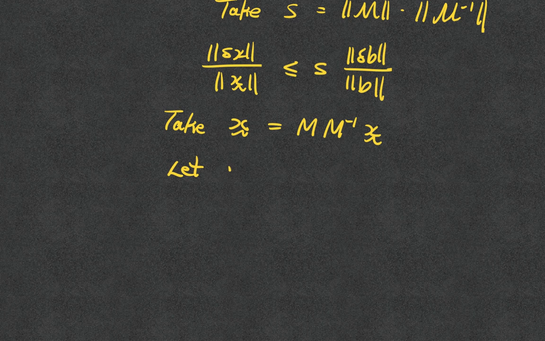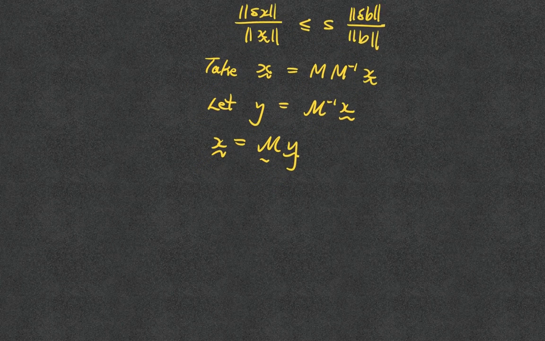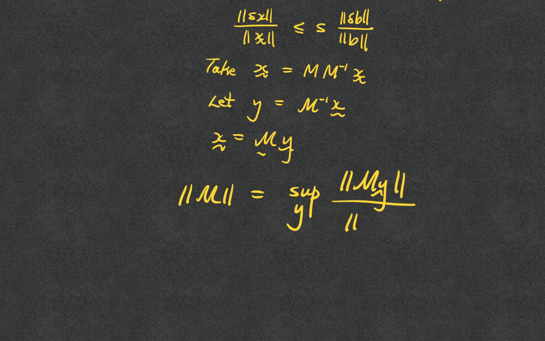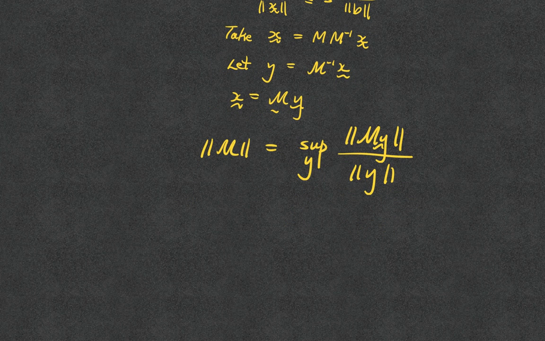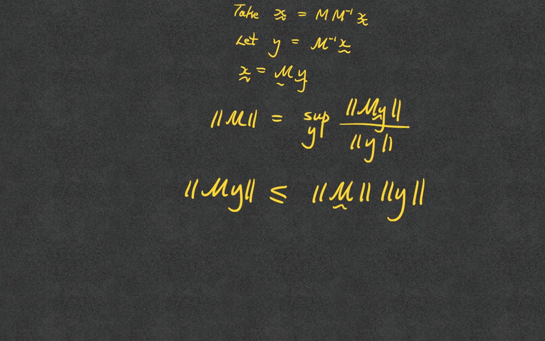And then let Y equal M inverse X. So what it implies is that X is actually equal to M Y. And if I take the norm again, which would be the max or the supremum of this quantity, then what I would have is that the norm of M Y is greater or equal to the ratio of M Y over the norm of Y. Do you see this?